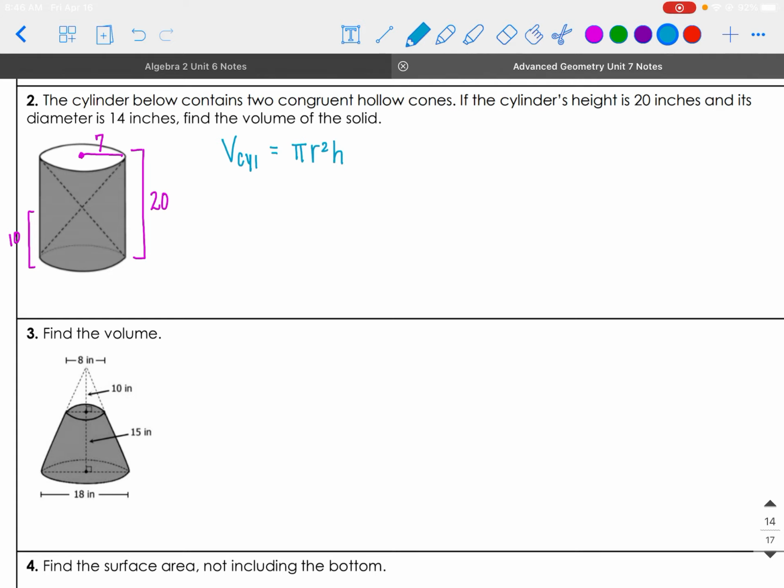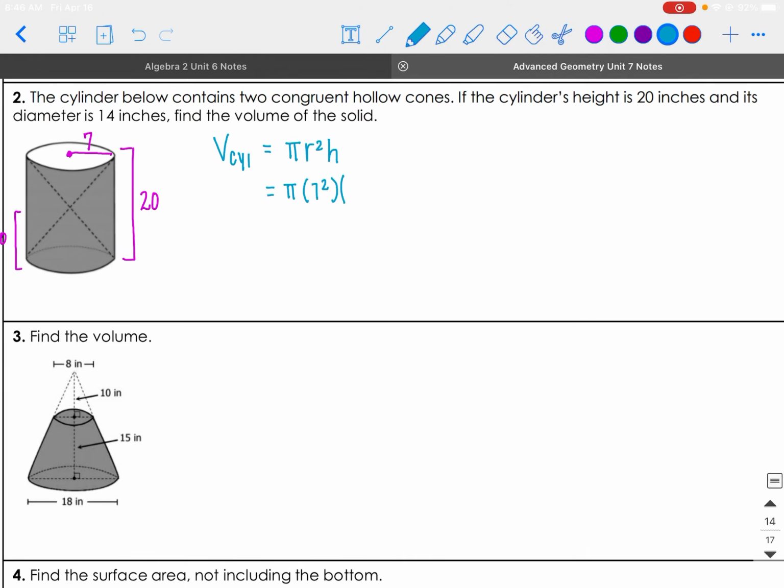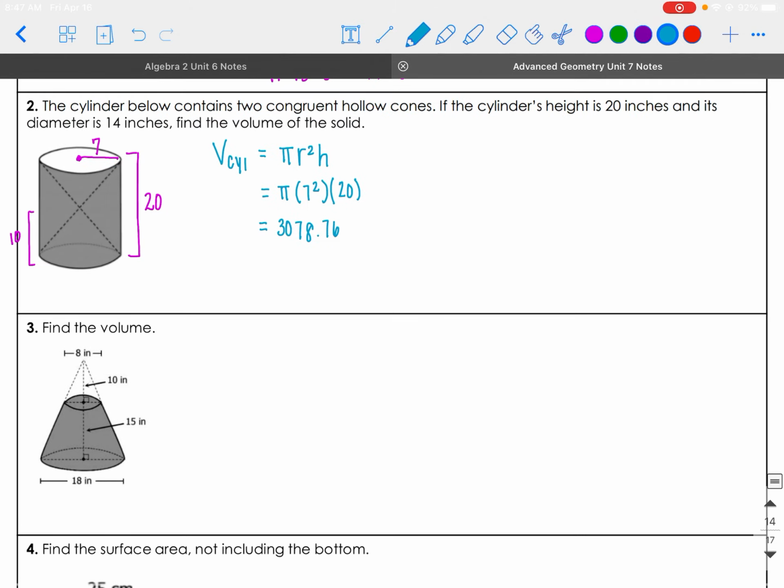That's pi r squared h, which is pi times 7 squared times 20. This is the cylinder. The entire cylinder is 20 inches. And this gives us 3,078.76.